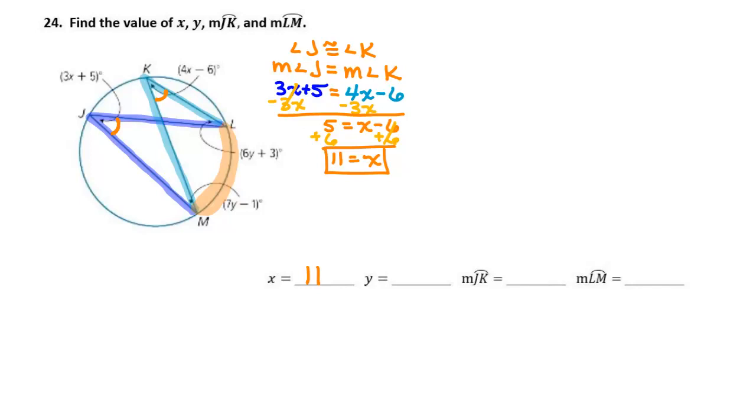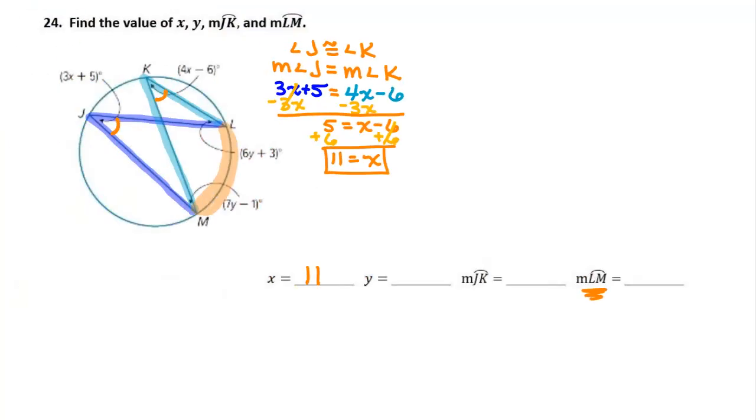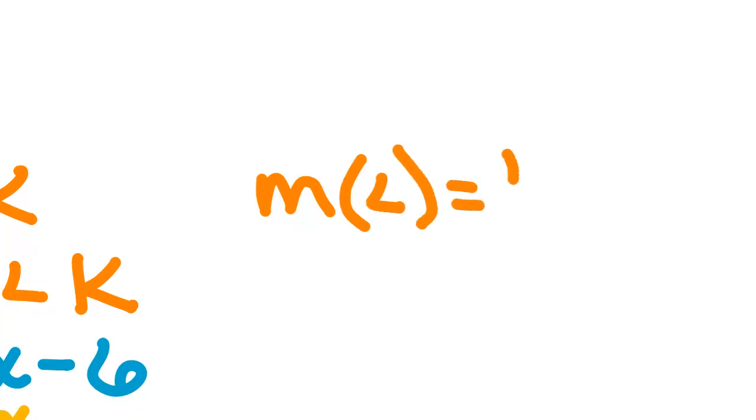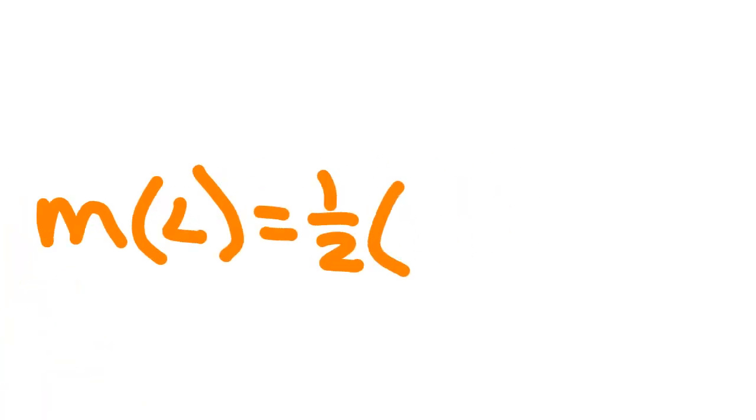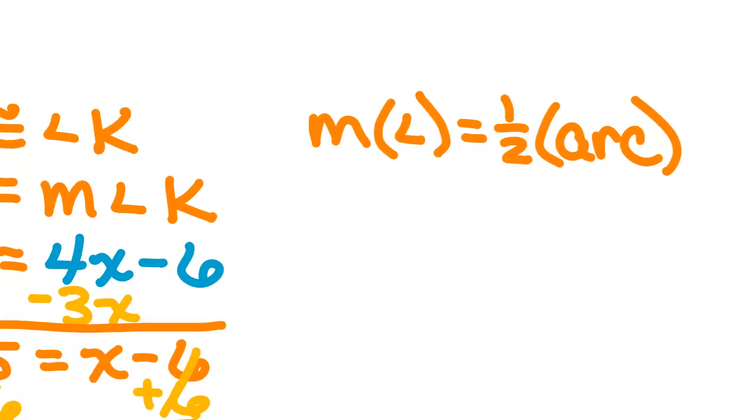And now while I'm here, I'm going to go ahead and find the measurement of arc LM. For an inscribed angle, the measurement of the angle is equal to half the measurement of the arc. These two angles, J and K, are the exact same size, so it doesn't matter which of these two angles I pick.